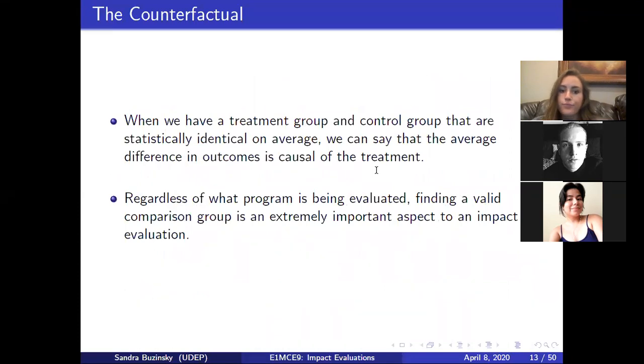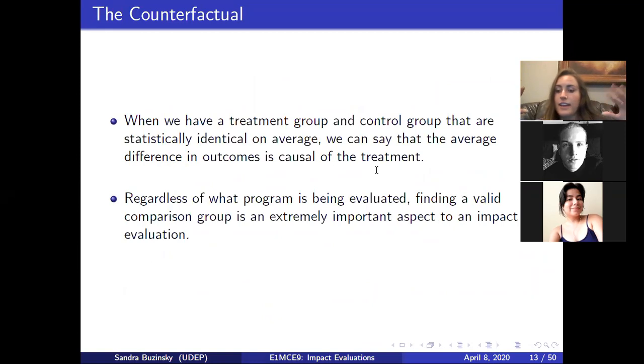Okay, so then when we find this treatment group and control group that are statistically identical on average, then we can say that the average difference in outcomes is a causal effect of the treatment, because we know that they look exactly identical on average.